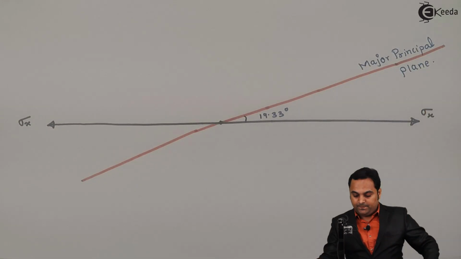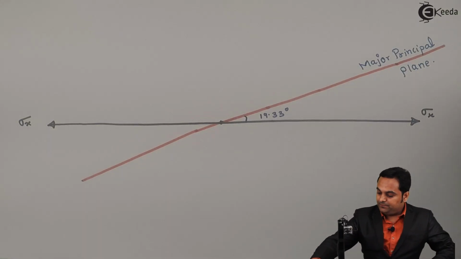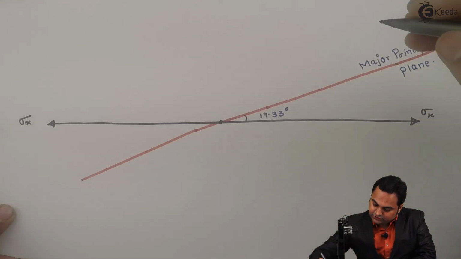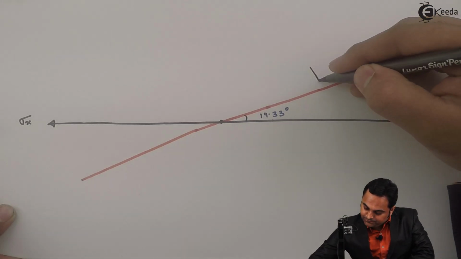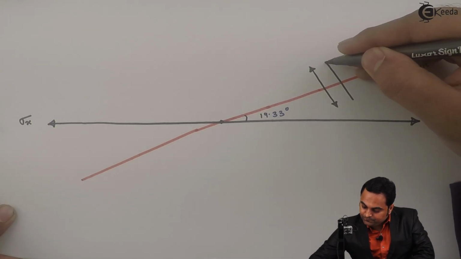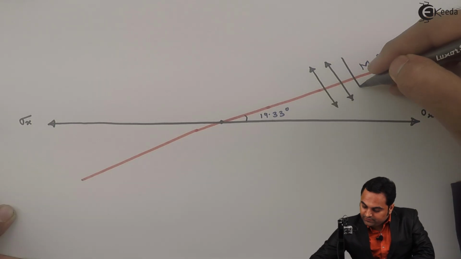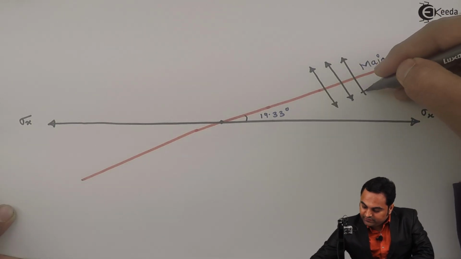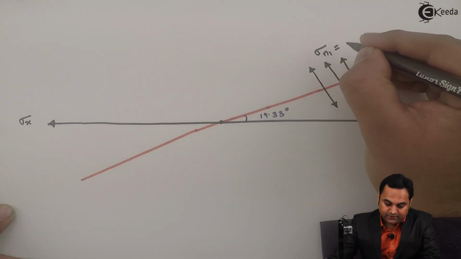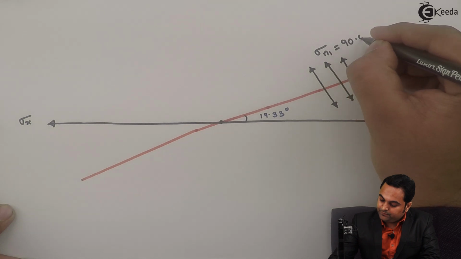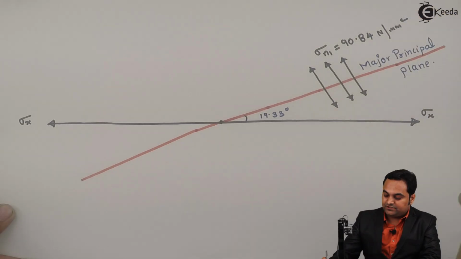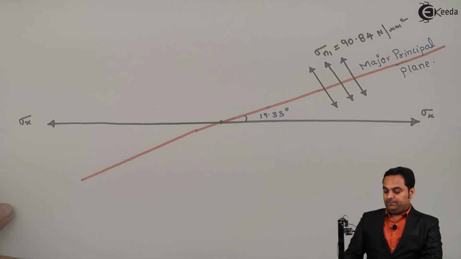So on this plane there is a major principal stress. Since it is tensile, I am denoting it in this order, marking the arrows away, showing tensile stress. So here this plane carries sigma n1 equal to 90.84 Newton per mm square. This is the major principal stress acting on the major principal plane.